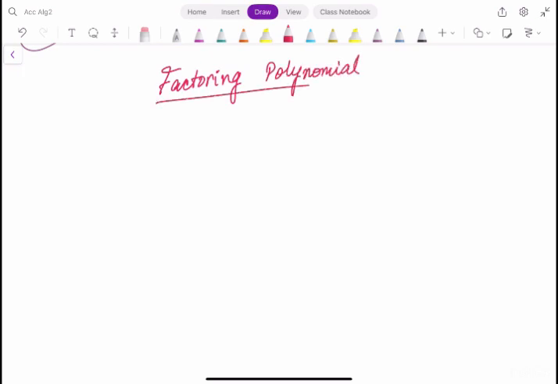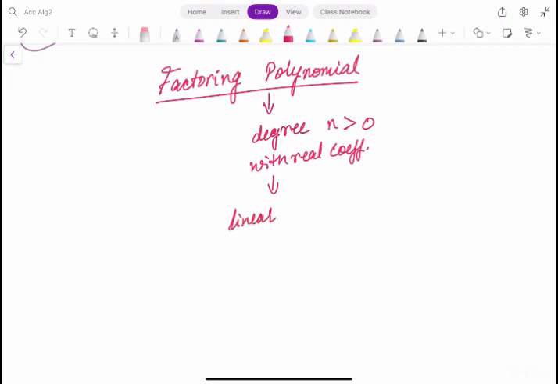So remember, when we are talking about factoring a polynomial function, we are saying that the degree, which is n, should be greater than 0 with real coefficients. And it is in the format of linear and quadratic factors, again with real coefficients, right?